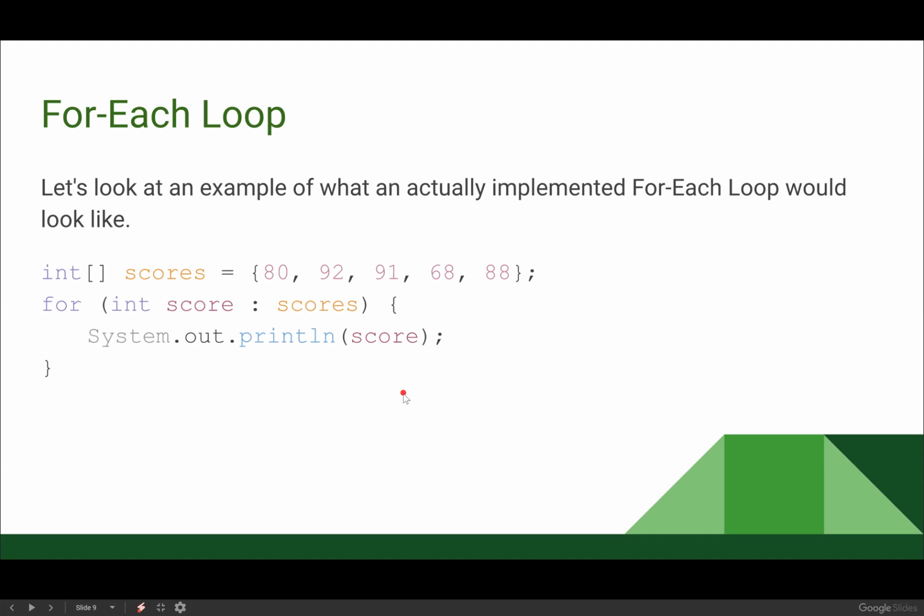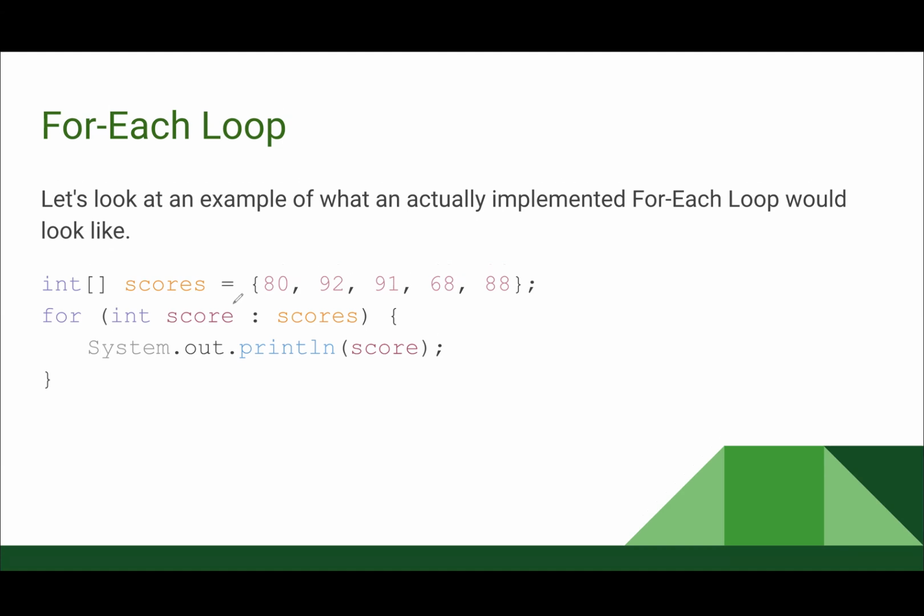In this example, score is going to equal 80, so we would print 80, and then score would equal 92. We would print 92. Then it would equal 91, then 68, and then 88. So it's going to equal each of those values in turn, one after the other within our for loop. This lets us access our elements directly without needing to access the indices, which can be pretty convenient.